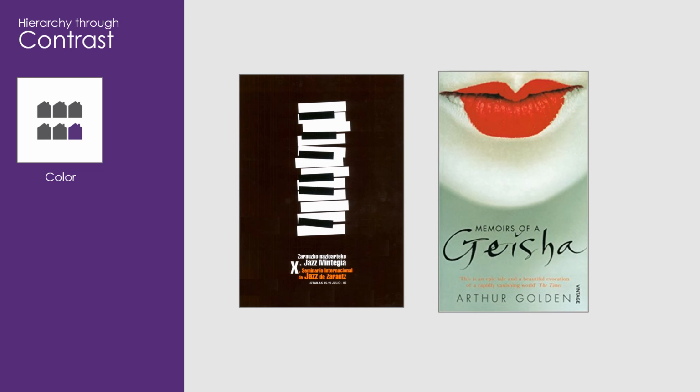There's a little bit of orange text that's obviously going to pop off of a very black and white poster. So the thing that is colored in a black and white situation, the thing that is the most saturated color or the most vivid color, like in Memoirs of a Geisha, those red lips, are going to draw your eye. They're going to gather the attention of the viewer and create a point of hierarchy.